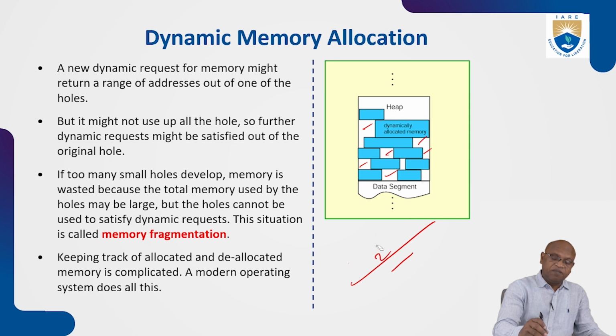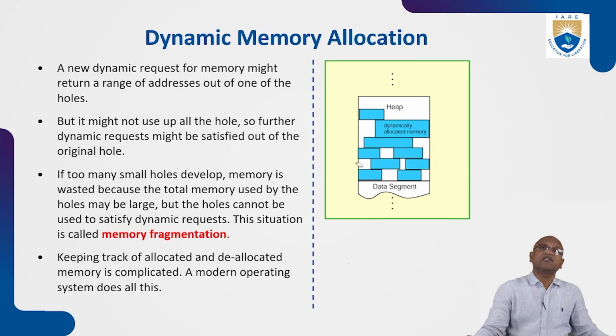Because of that, this is wastage of memory. If you combine all these holes dynamically, you can move the rest of the memory to one side and the holes to the other side. Then you will get a big space, so we can allot it.